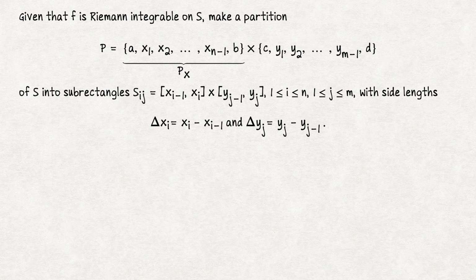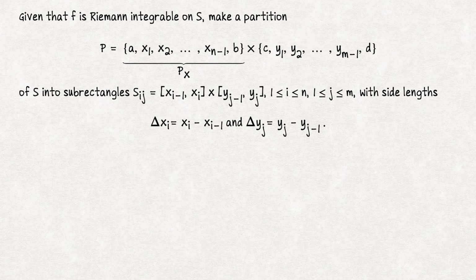Notice that that first collection of points between a and b defines a partition for g, because g is a function of x. So to distinguish between the two partitions, let's call that P sub x, the partition along the x-axis. Okay, by doing this partition, we're creating a family of subrectangles, S sub ij, where i will index us along the x-axis and j will index us along the y-axis.